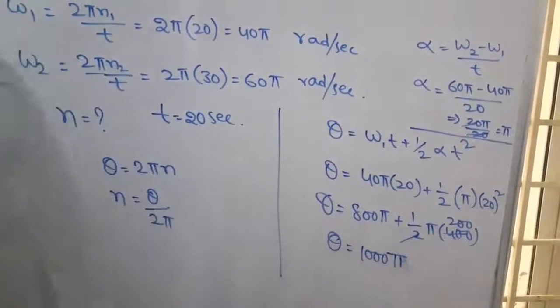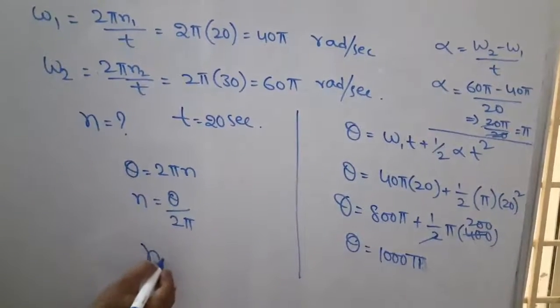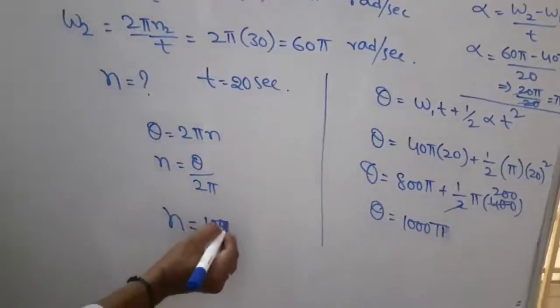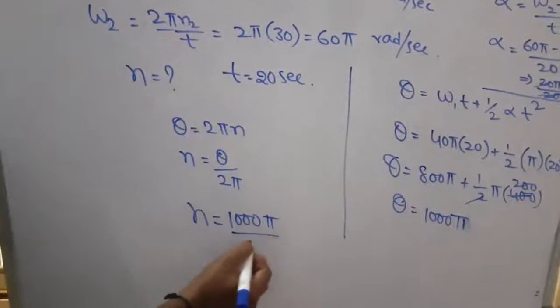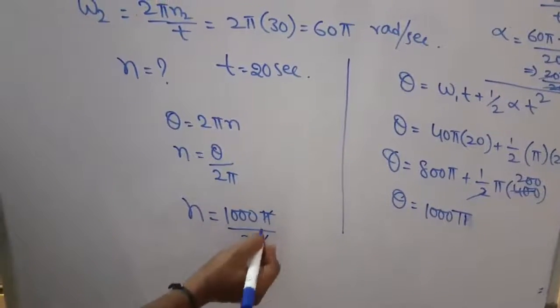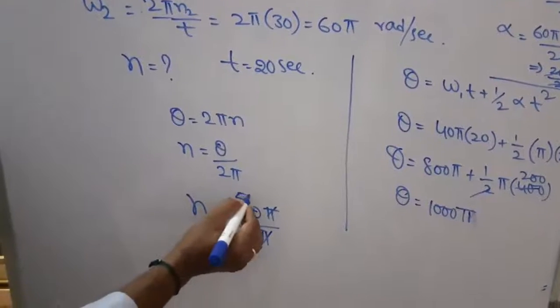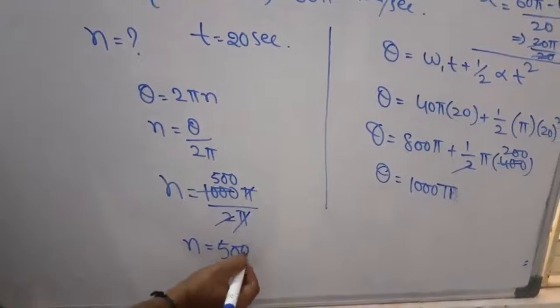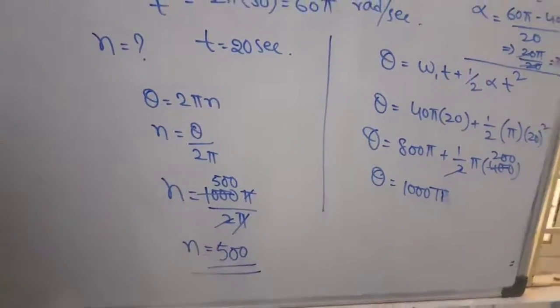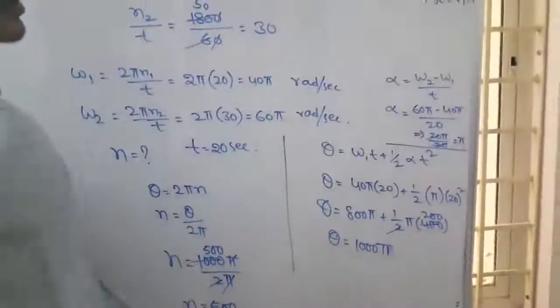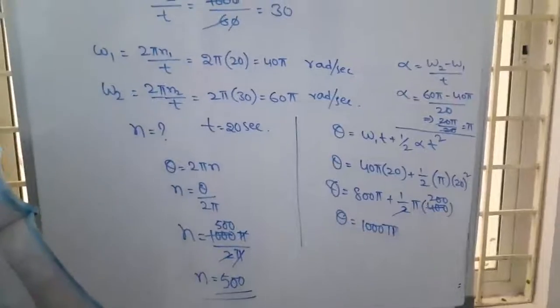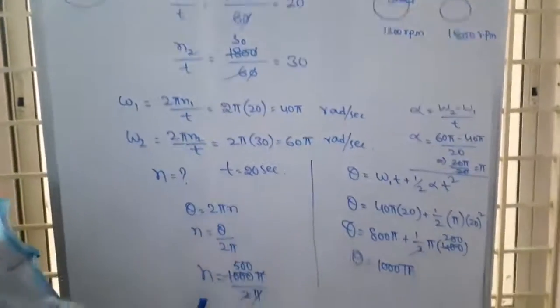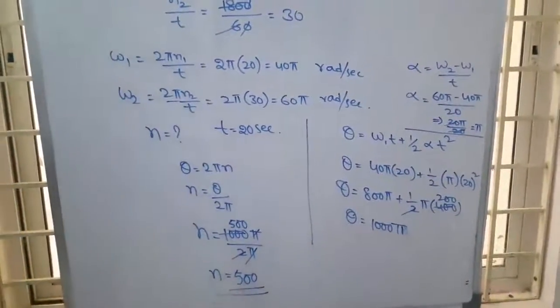Therefore the number of revolutions is 1000 pi divided by 2 pi. Pi gets cancelled, giving 500. Number of revolutions is 500. Okay, whenever a wheel goes from 1200 rpm to 1800 rpm, within this duration the number of revolutions is 500.